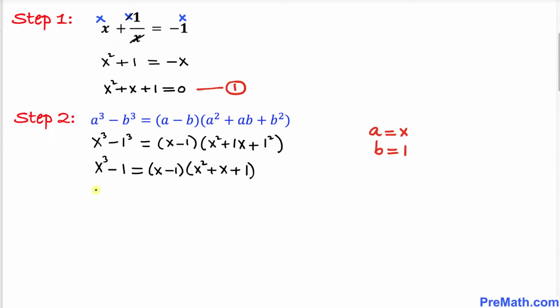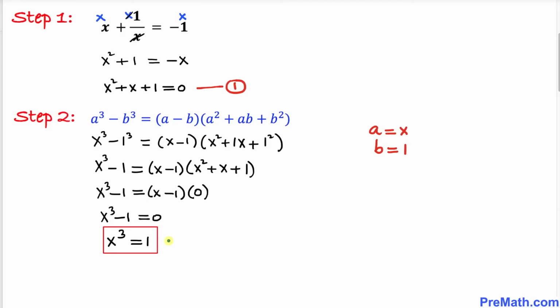Therefore, this equation can be written as x to the power 3 minus 1 equals x minus 1 times 0. On the right hand side, 0 times anything is 0. So we got x to the power 3 minus 1 equal to 0. Let's move this -1 to the right hand side. So x to the power 3 turns out to be equal to positive 1. Thus our x to the power 3 value turns out to be equal to 1.